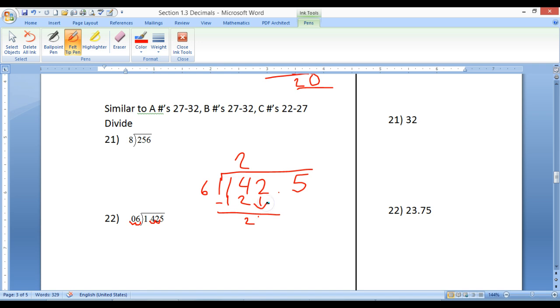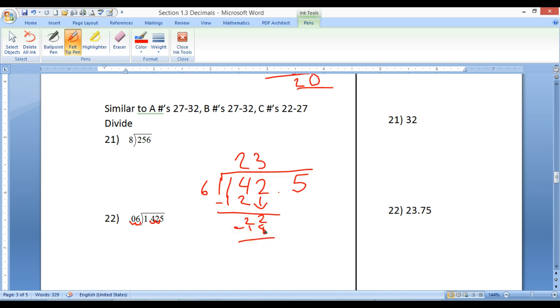And bring down the next number, 2. Okay, now 22 divided by 6 goes in how many times? 3. Again, making sure that this number is above the last number you worked with. 3 times 6 is 18. Subtract.